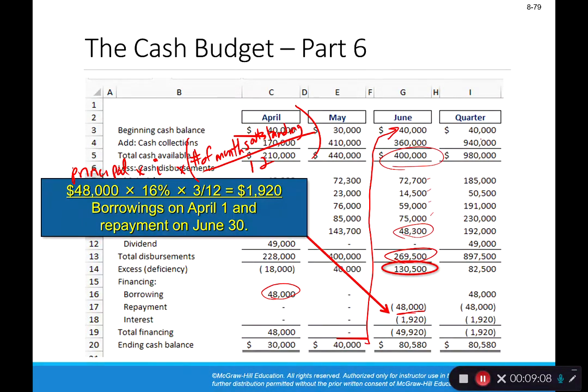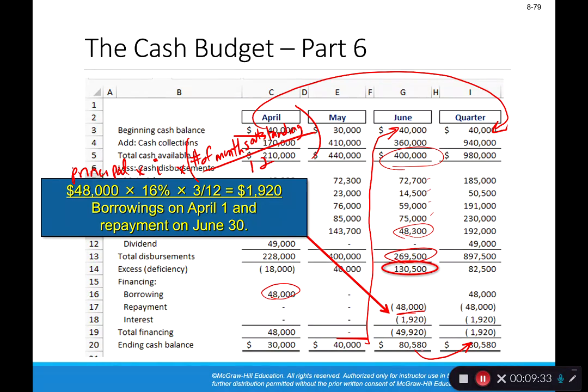Notice when you're doing the totals for the quarter, the beginning cash balance comes from April. You don't add them across. The cash collections get added across to arrive at your total cash available. Same with all the disbursements. But the ending cash balance for June would equal the ending cash balance for the quarter.